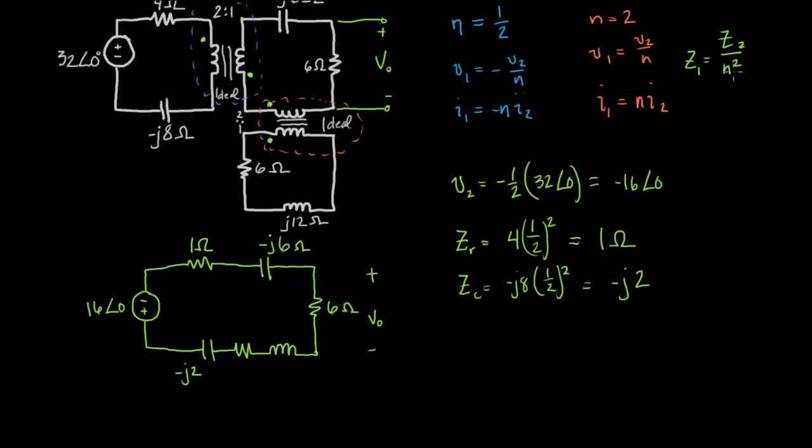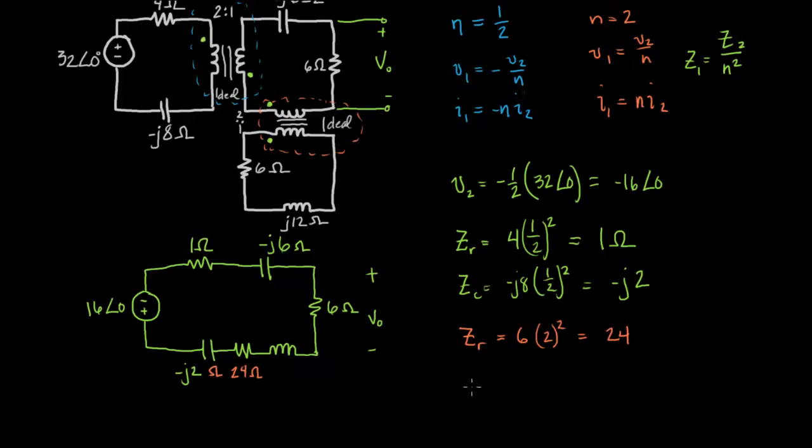So again, it's going to be Z1 times n squared. So that's going to be ZR equals Z1, we'll just put in the number, 6 ohms, times 2 squared. Okay, and that equals 24. So this is 24 ohms.